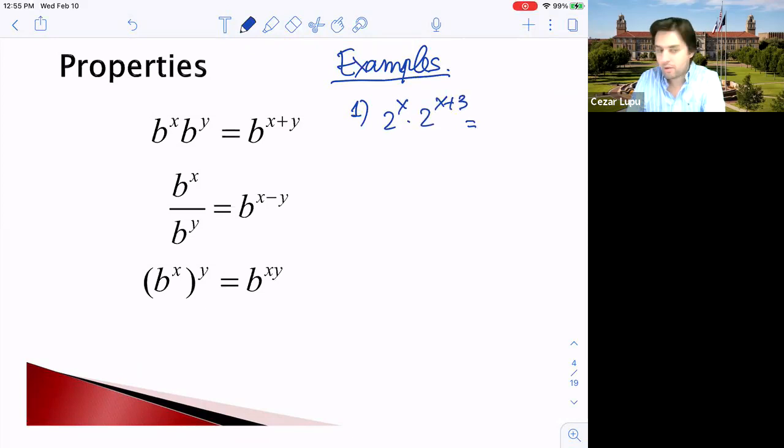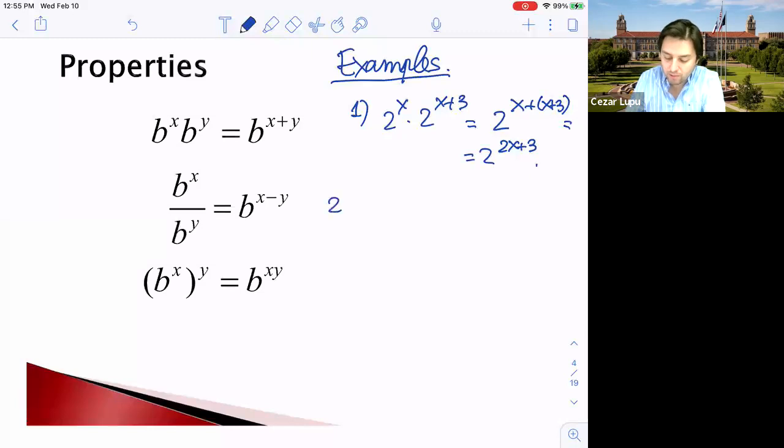As you can see here, we have the same base. So we'll keep the base the same, so it will be 2. And here we will add the exponents. So it will be x plus 3, which will give us 2 to the power 2x plus 3, right?